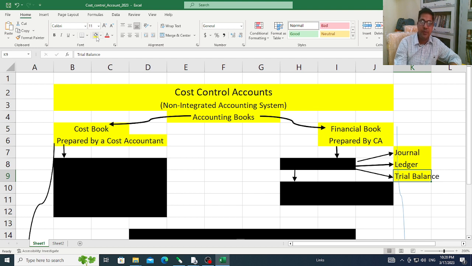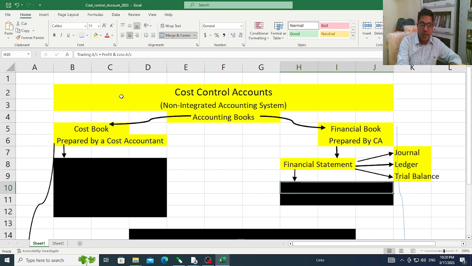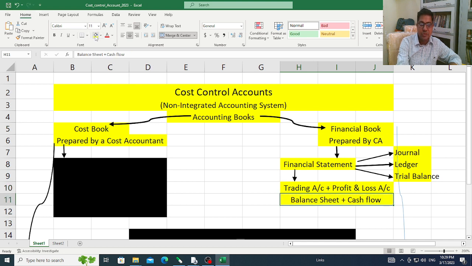On that basis, we prepare financial statements. You know about the financial statements, and these are useful for us. What kinds of financial statements are there? Trading account, profit and loss account, balance sheet and cash flow statements.